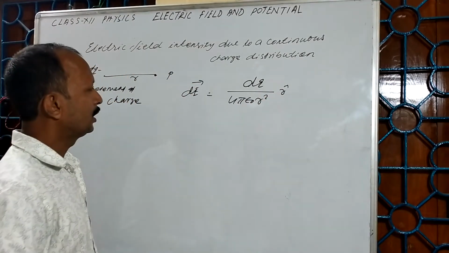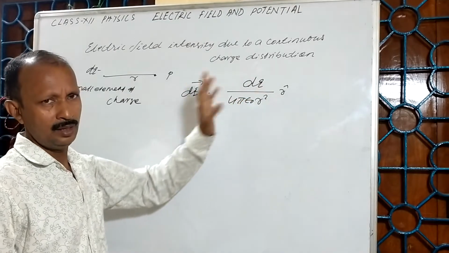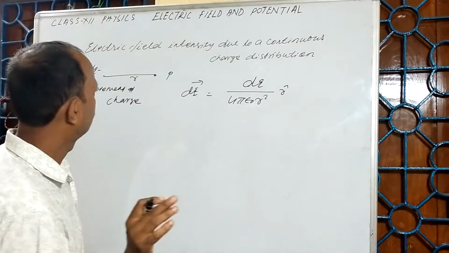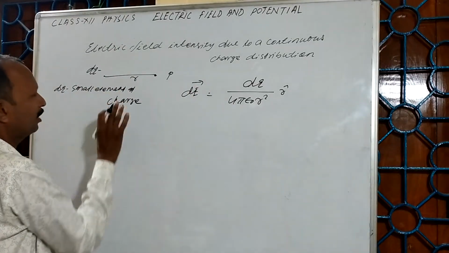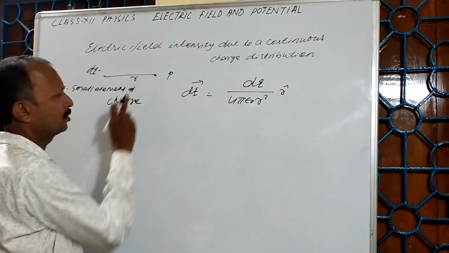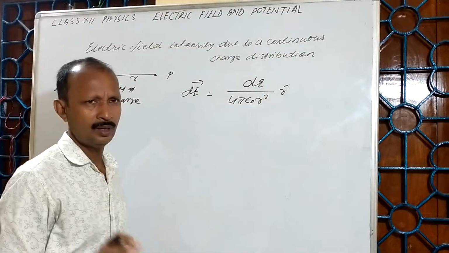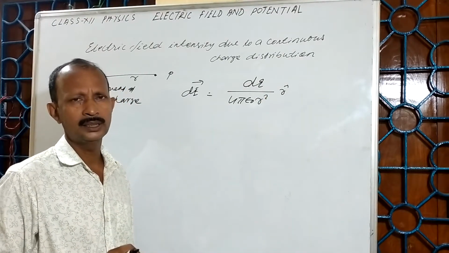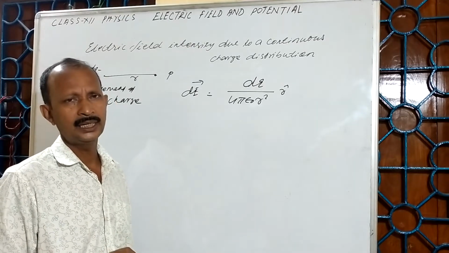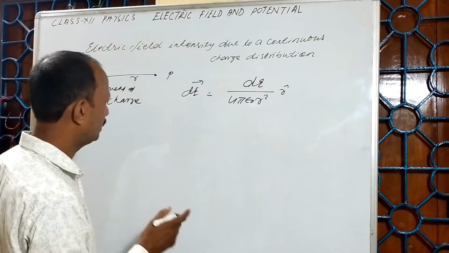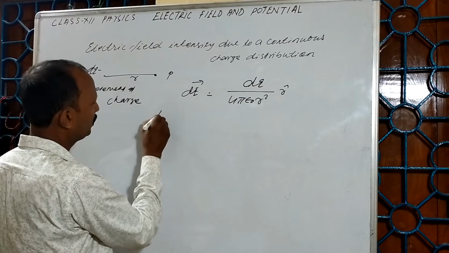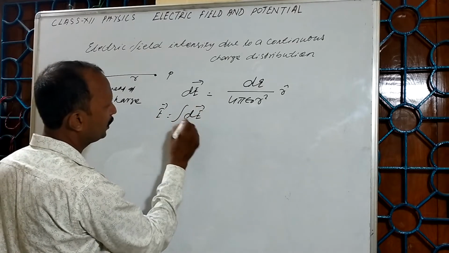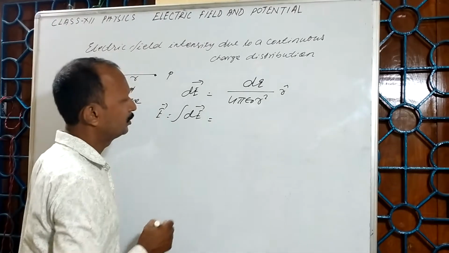Here dq stands for the small element of charge, r is the distance, and r cap stands for the unit vector. If I want to calculate the net electric field intensity, I have to take the integration of this dE.